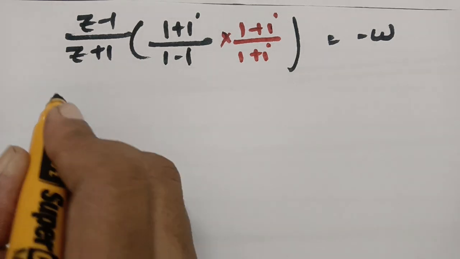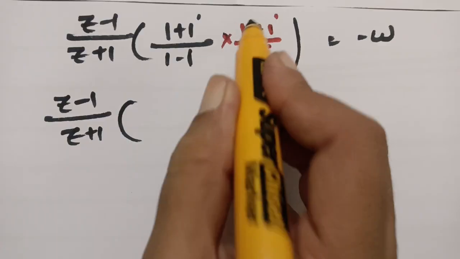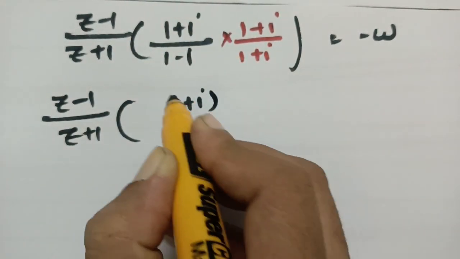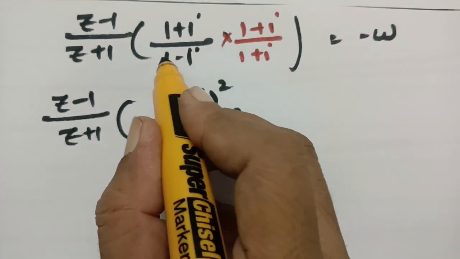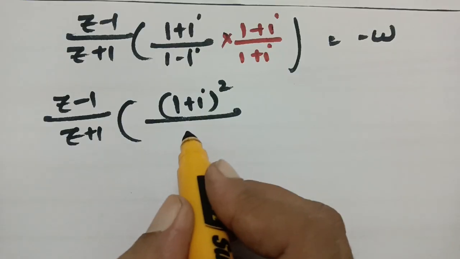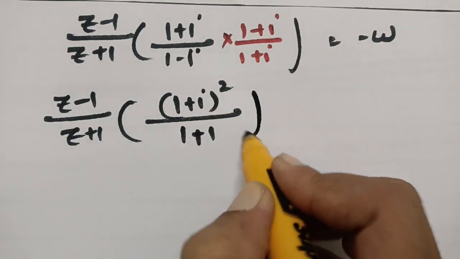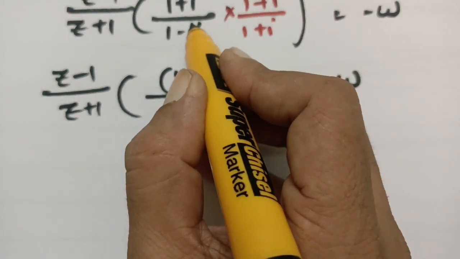Now see, this is z minus 1 and this is z plus 1. If I expand or multiply, this is (1 plus i) whole square by, this is 1 minus i and this is 1 plus i, a square minus i square, whose value is 1. This is plus 1. So this is minus w. So see here, don't get confused.